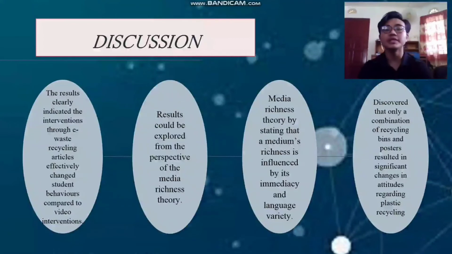The third is media richness theory, stating that a medium's richness is influenced by its immediacy and language variety. Immediacy refers to the ability to facilitate timely communication, while language variety refers to succinctly organizing information to enhance comprehension. In this case, timely communication could be applied to both video and text format.